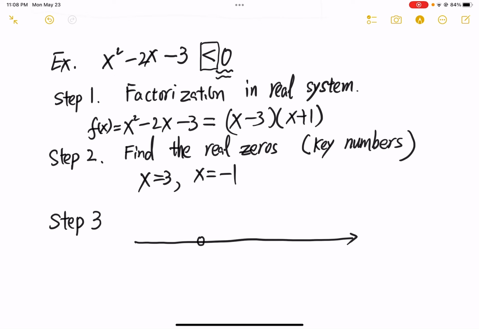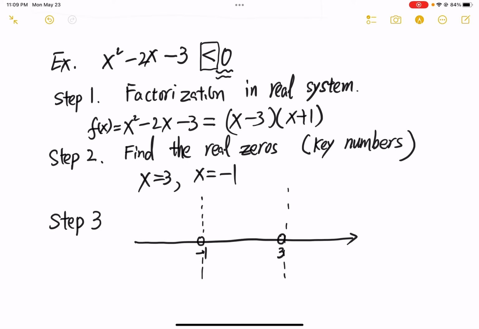That means this point cannot be included, and this point cannot be included. So we have these two key numbers, or real zeros, which divide the interval from -infinity to infinity into 3 parts.